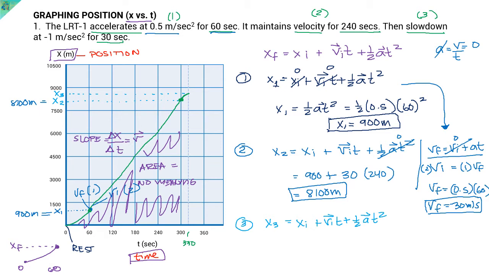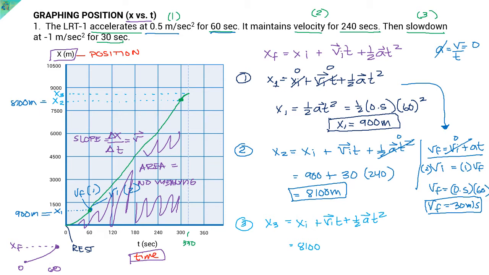Okay, again, analyze first our situation here. For x3, looking at x3, the initial position of x3 is actually the final position of x2, which is 8,100. So I'm going to write it down.